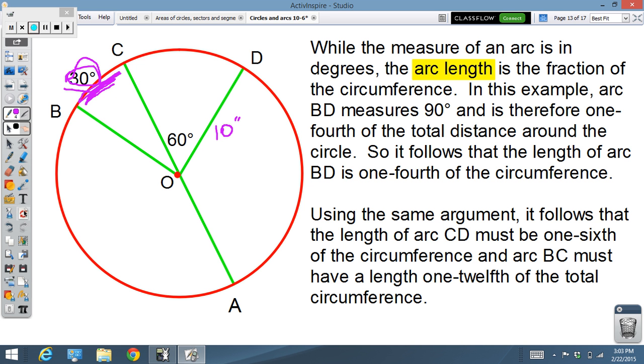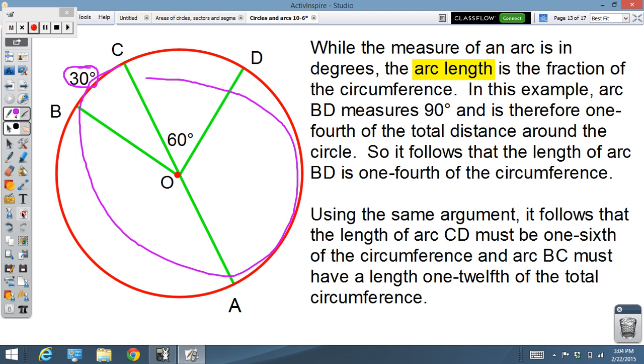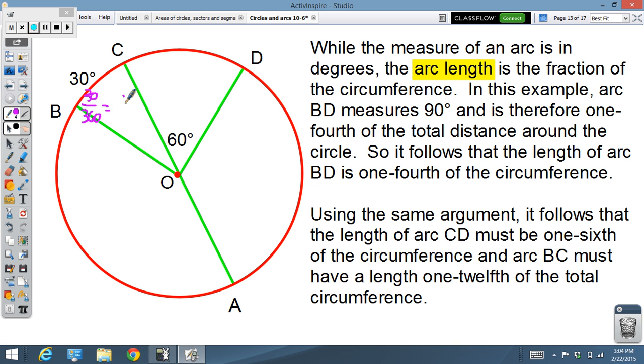The important idea here, guys, is that here's a 30-degree arc. Well, the entire circle is 360 degrees, right? So this must be 30 out of 360, or 1/12 of the total circumference, right? This arc here must be 60 out of the total 360, or 1/6 of the total circumference, right? A semicircle must be equal to half the total circumference.